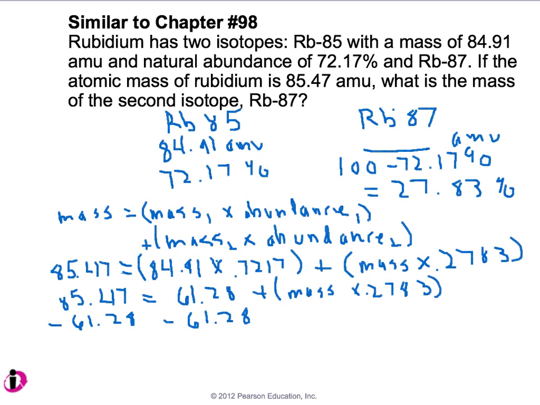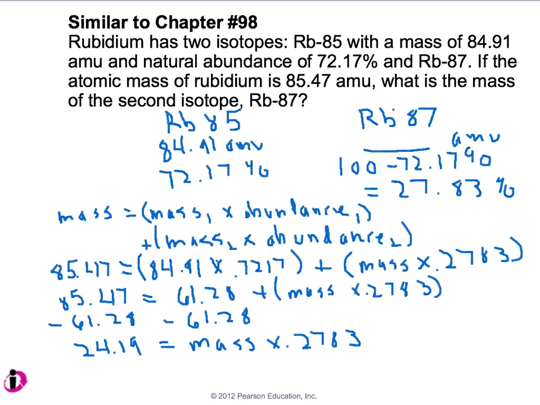Let me go ahead and subtract it, and when I work it out, this right hand side now turns out to be 24.19 equals, and then again this canceled, so all I'm left with over here on the right hand side is mass times 0.2783.